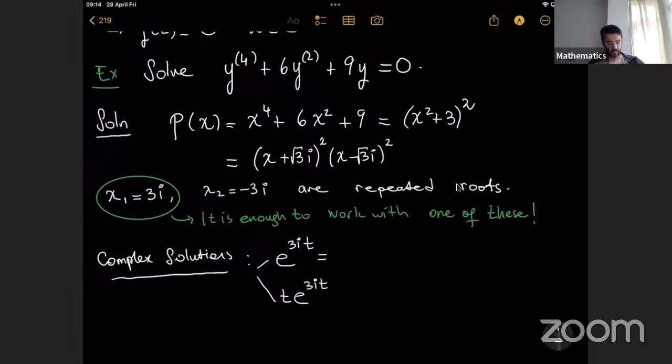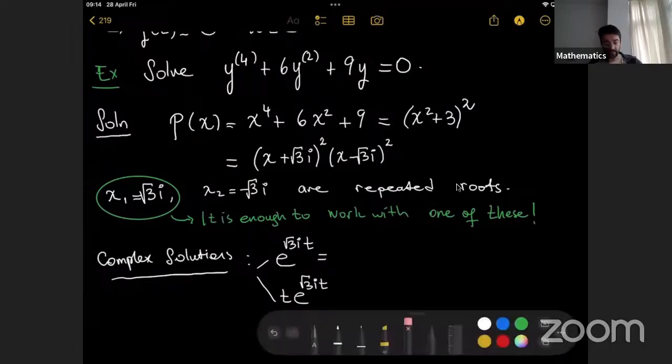Okay, so everything here is root 3i and minus root 3i. Well, remember, this is e to the i times some real number, root 3t. Maybe let's write it like this, it's better.